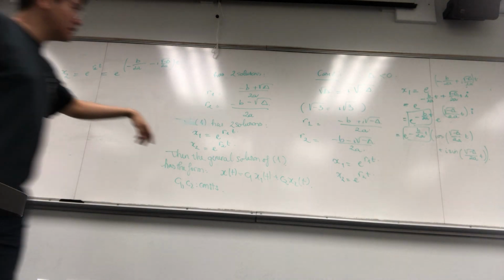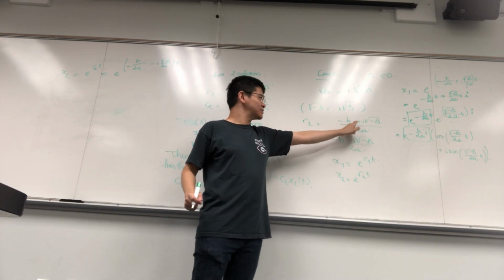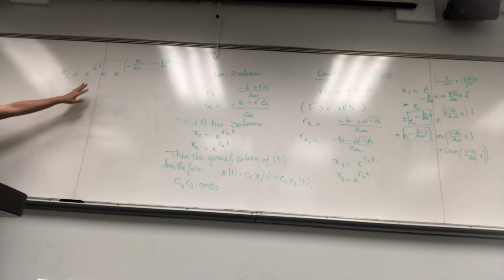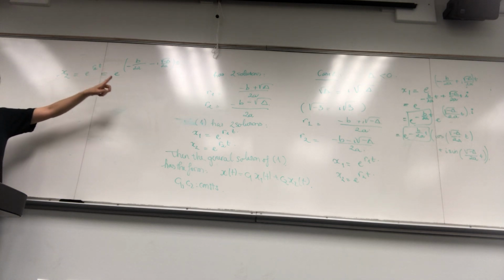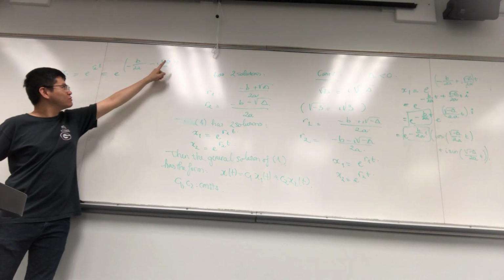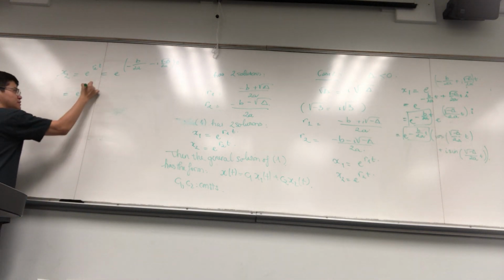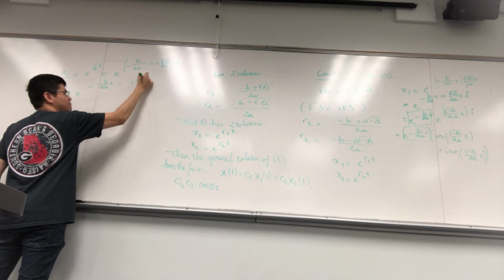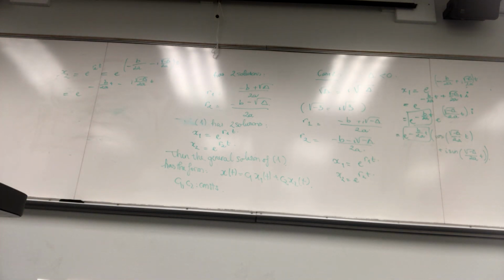In the two cases, the only difference between that case and this case is the sign of I. So here you have plus and here you have minus. So x2 will have exactly the same form, except that you change the plus and the minus. So now you have minus b over 2a minus I times square root of delta over 2a times t. Now you're going to split. So this is b over 2a times t minus I square root of delta over 2a t. So how do we continue?